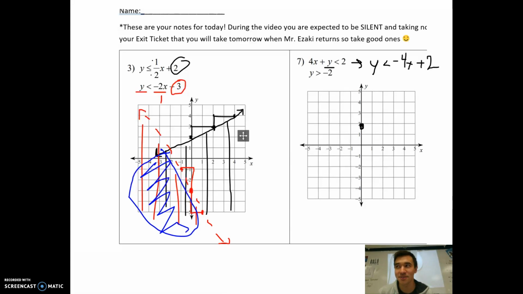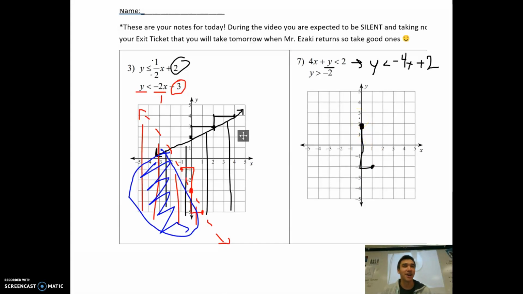Good job, left side of the room, for graphing silently. Good job, class. So I saw everyone went down 1, 2, 3, 4, and to the right, 1, because our slope is negative 4 over 1.